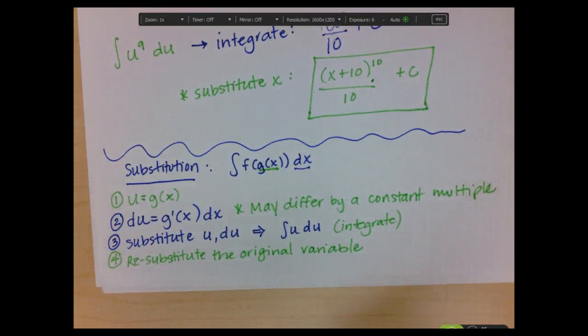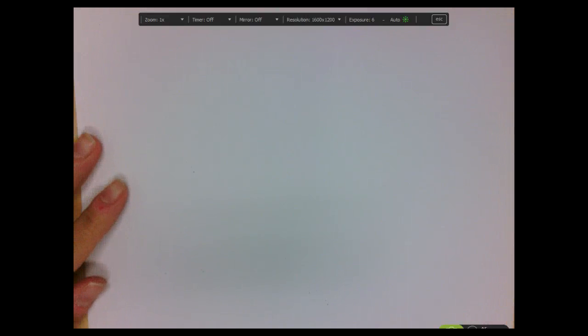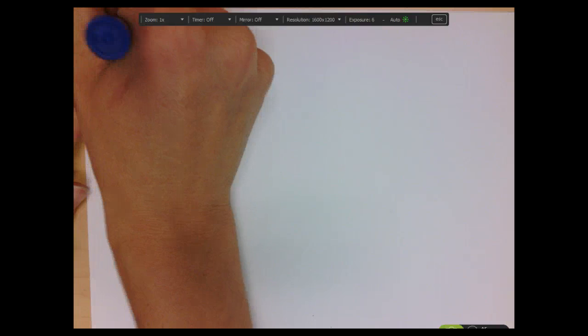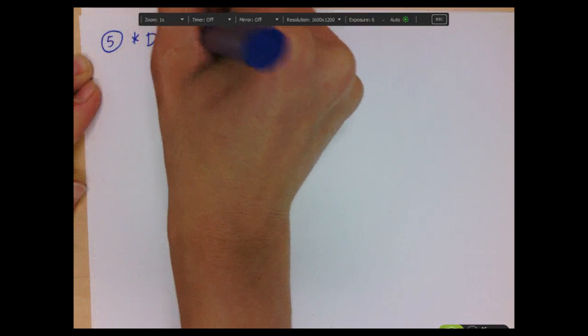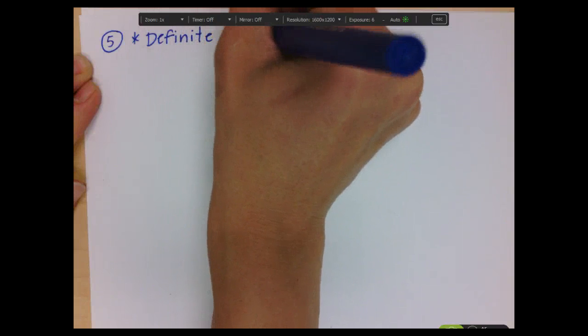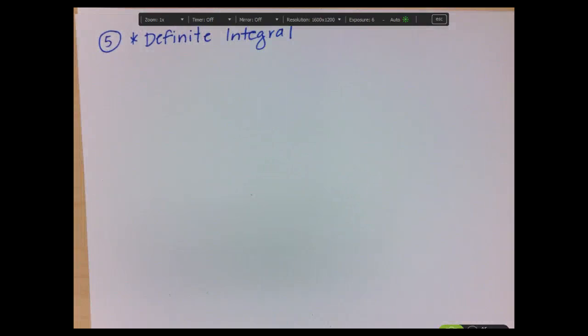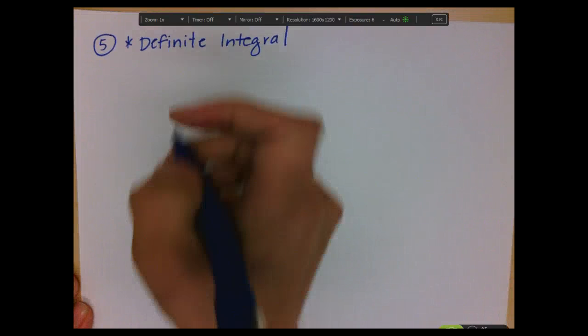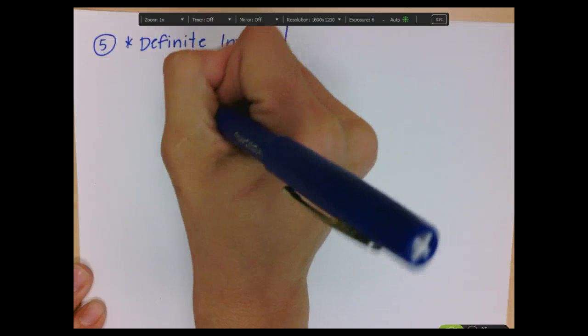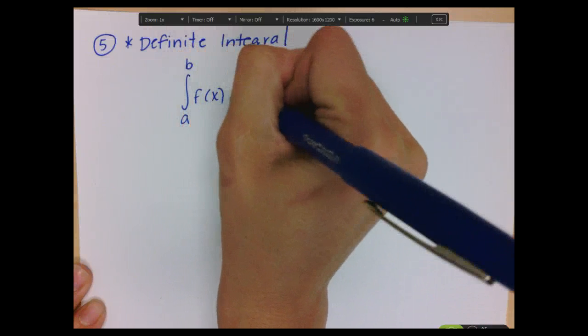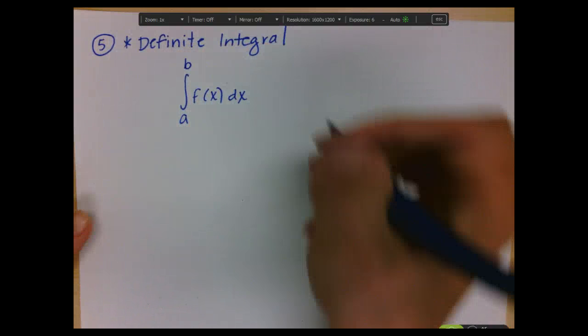Okay, there is one more thing to consider, and I'm going to change the page here to talk about that. This is really step number 5, and this happens only when you have a definite integral. So remember, for definite integrals, you're integrating over an interval from a to b.